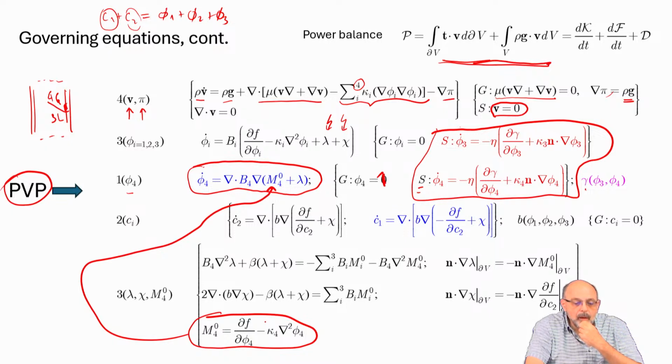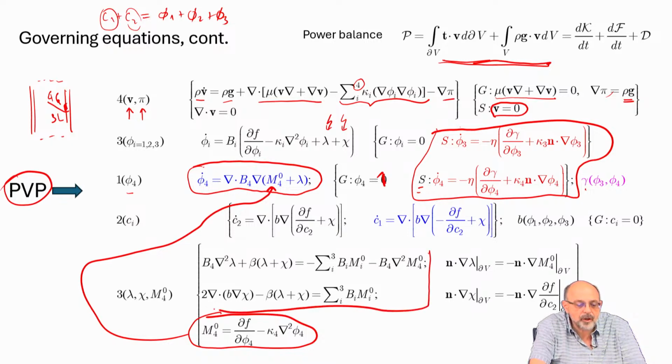So for Lagrange multipliers, lambda and he, I have two partial differential equations which are not time dependent, right? Well, they are, because those m's are time dependent, but they don't have time derivatives here, with appropriate boundary conditions, right?